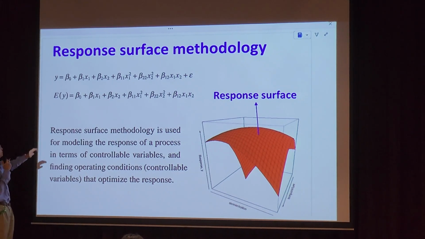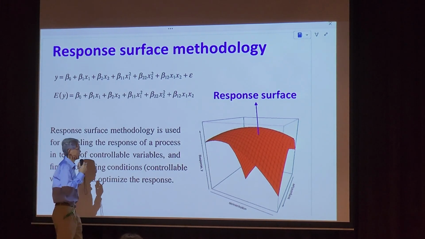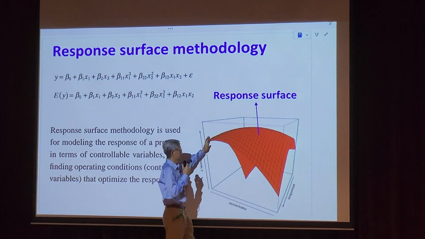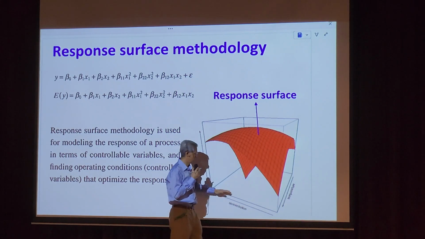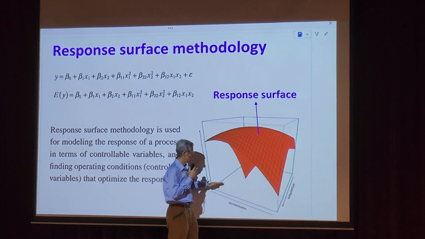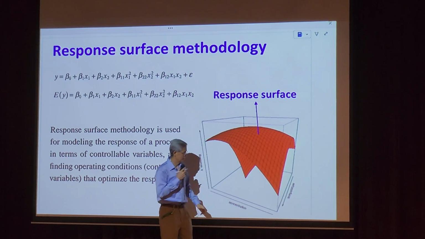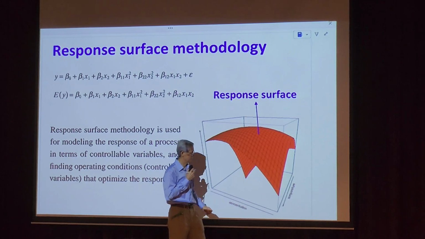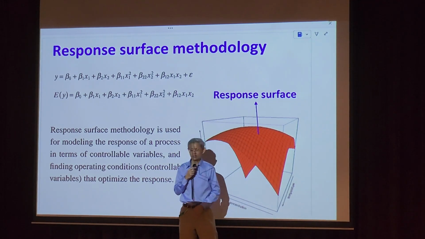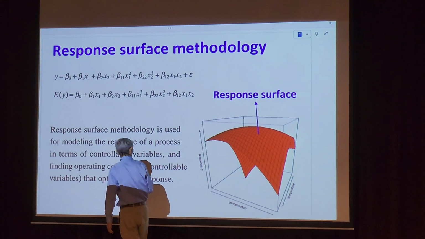You can determine beta naught, beta 1, beta 2, beta 1,1, beta 2,2, and beta 1,2. Fit it and get a model. After that, you can sketch the model over these two variables, x1 and x2. In this case, my x1 is concentration, x2 is temperature.